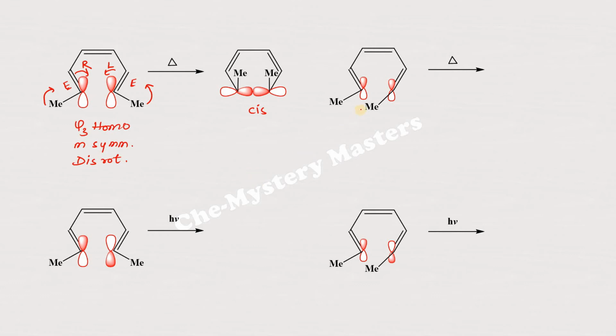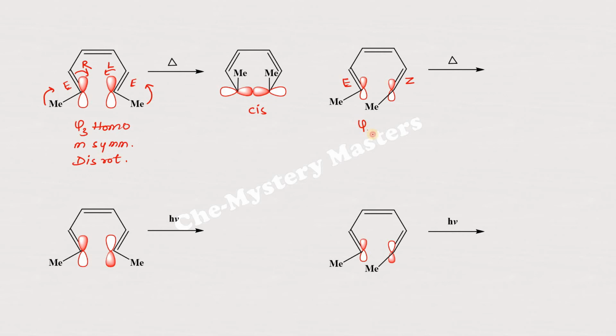Now if you talk about the other one, where both of the methyl groups are facing towards the same side, you can say the first double bond has E type of arrangement, while the last one has Z type of arrangement. In that case, how will the two substituents go in the product? Again, this is thermal condition, and M symmetry is present.